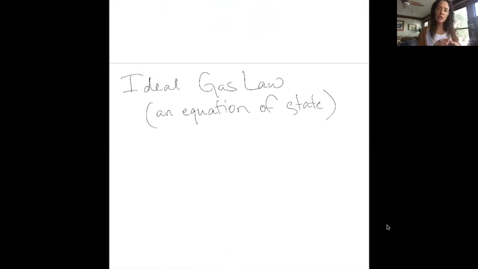This gas law is used when we do not have a set of changing conditions. This is at a moment in time, right? At this moment in time, when the temperature is this, the volume is this, the pressure is this, what moles would we have? We have this many moles at this volume and this temperature, what will the pressure be, right? So at a moment of time.